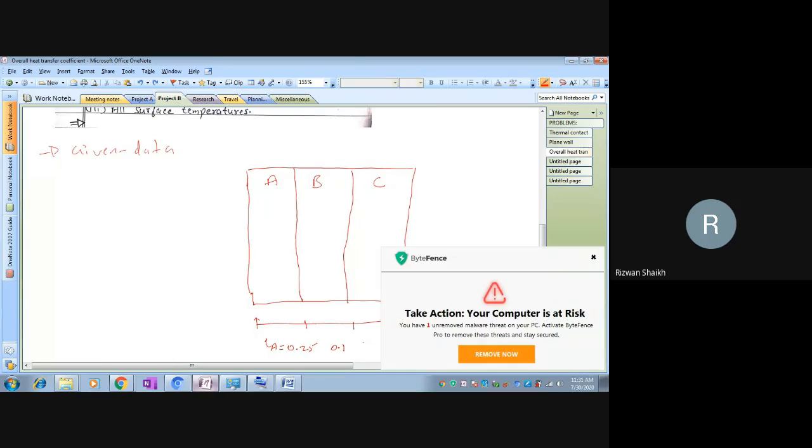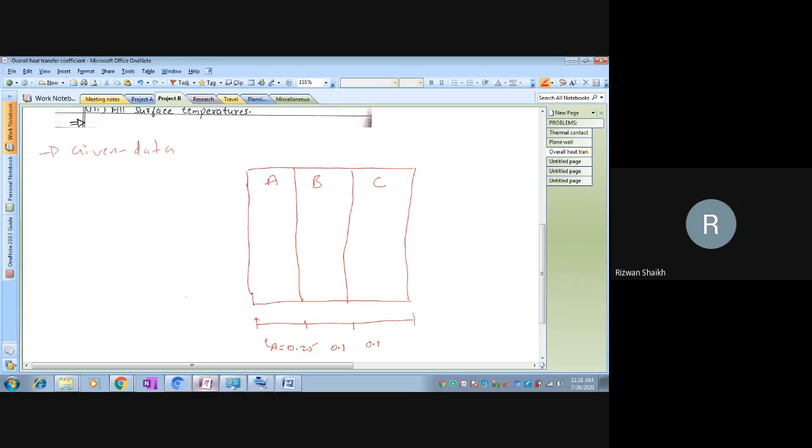And layer C, it is given to be 150, so it is 0.15. Okay. So with these three layers, we have three thermal conductivities.